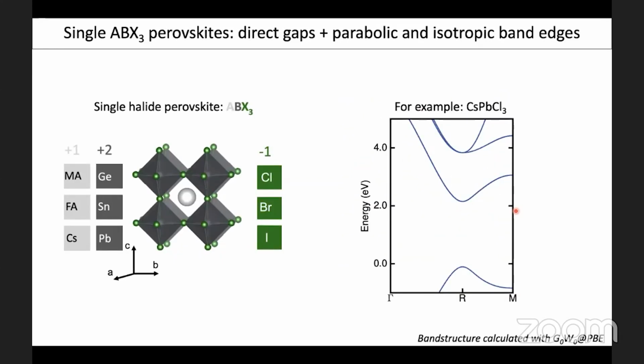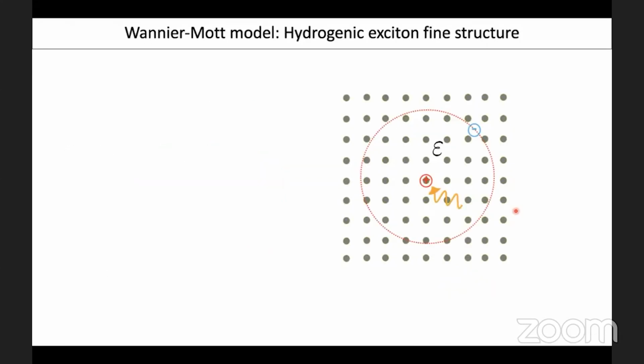Excitons in these materials are very well described by the Wannier-Mott model, which is a textbook model, which you might have heard of, for excitons in semiconductors, where the exciton is basically described as an electron-hole pair, whose Coulomb interaction is screened by the dielectric constant of the semiconductor.